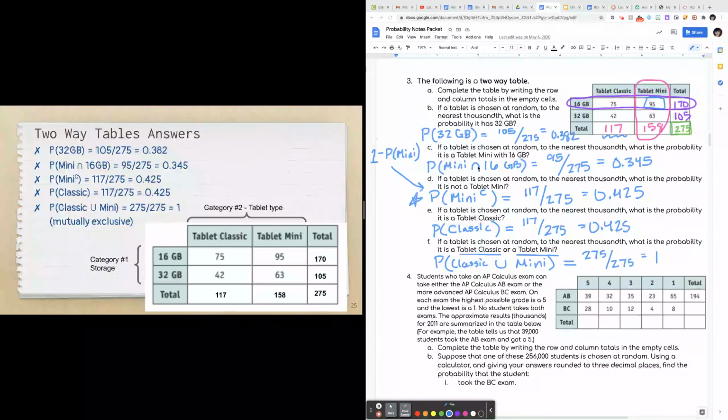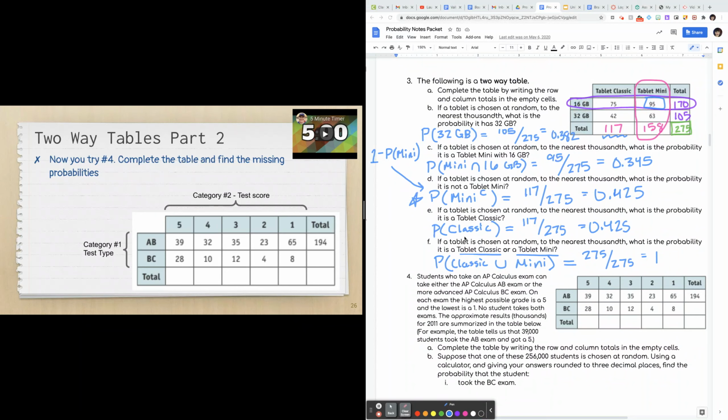Like these two categories, the 16 and the mini, those are not mutually exclusive. They're overlapping, because they have 95 tablets that fit in both categories. The classic category and the mini category have no tablets in common. They don't overlap. So that's why we call them mutually exclusive. All right. Okay, so we've got one more problem here.